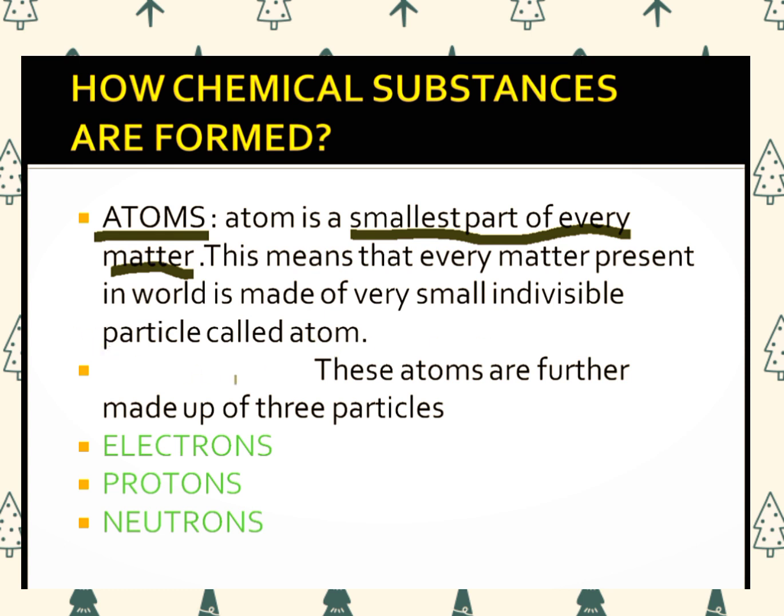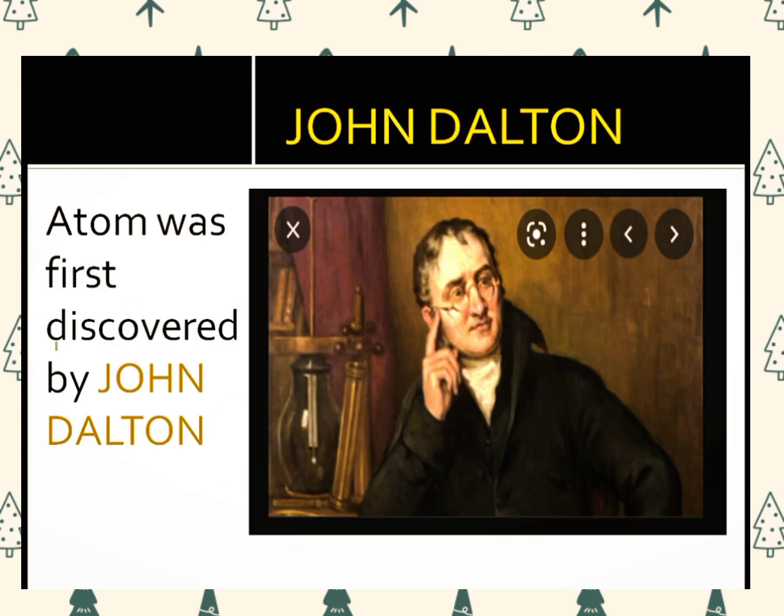These atoms are further made up of three subatomic particles: electrons, protons and neutrons. These atoms were first observed by the English chemist, physicist and meteorologist John Dalton, and he also stated the atomic theory. In a further part, we will study this atomic theory and what it states.